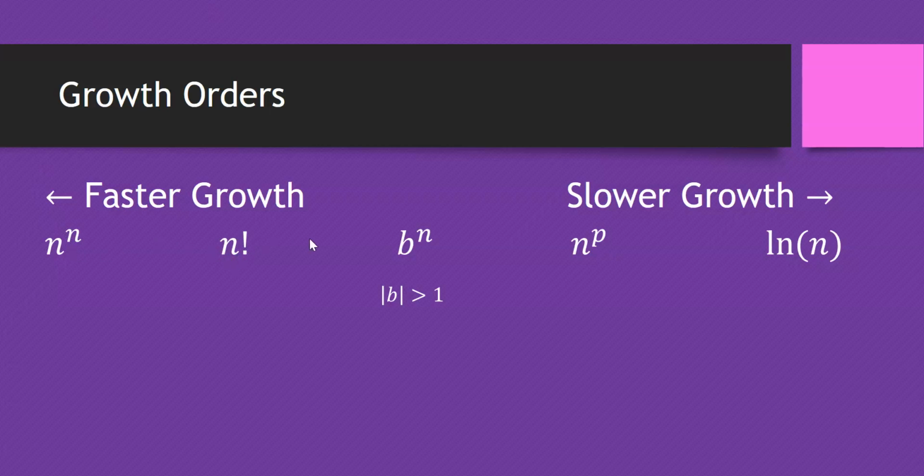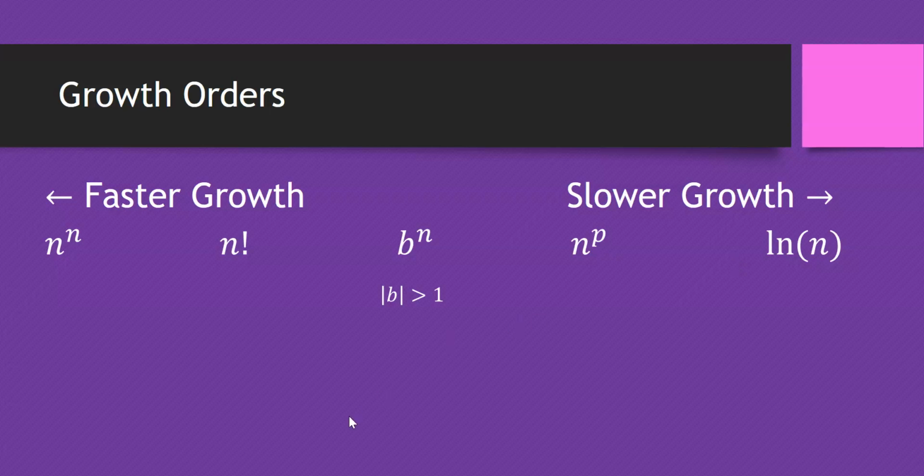N factorial was really fast. This b to the nth power was a fairly fast growth, again, as long as our base is greater than 1. N to the p power, where p is a constant, is again fast growth, but it's not as fast as geometric, and not as fast as factorial. And then things like natural log are still growing.